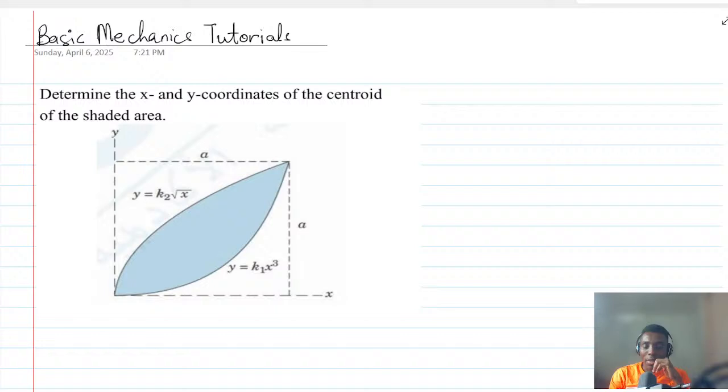This one is not a triangle or a rectangle or any regular area. So when you are given something like this, how can you solve this type of question? We are going to use what we call the method of integration.